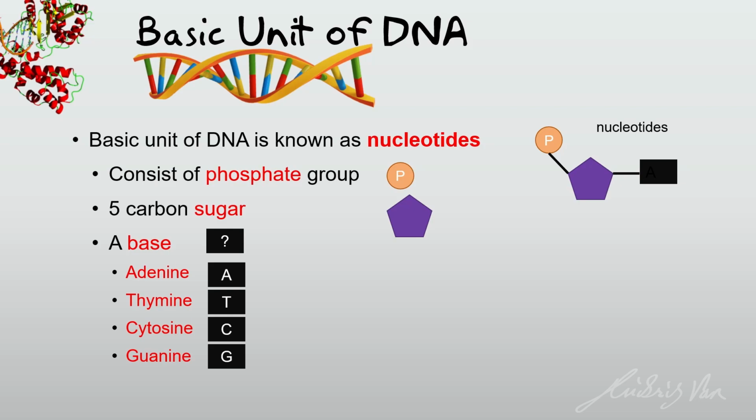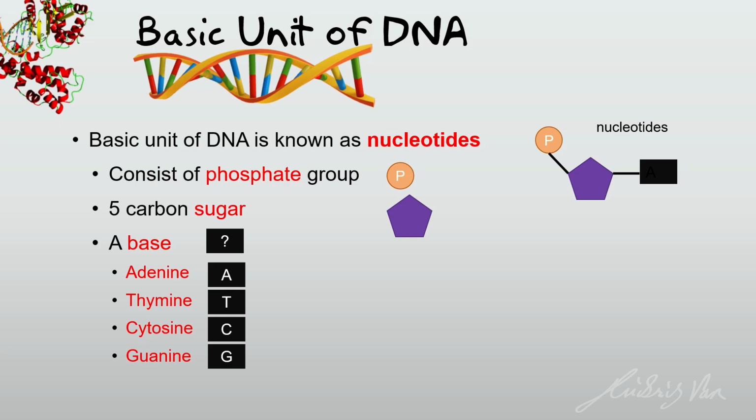Please remember the spelling; it is not too difficult because they sound like how they are spelled. Adenine, thymine, cytosine, and guanine. Repeat a few times and you should get the hang of it.